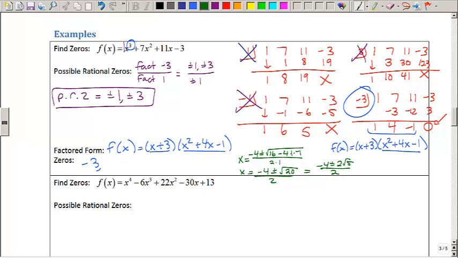And 2, 4, and 2 can all be divided by 2 or factor out a 2 in the numerator. Negative 2 plus or minus the square root of 5 all over 2. And those two 2's divide out. So the other two zeros would be negative 2 plus or minus the square root of 5. And I have found all of the zeros which I was asked to do.